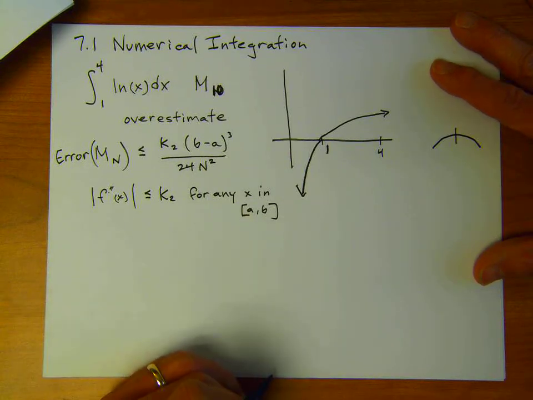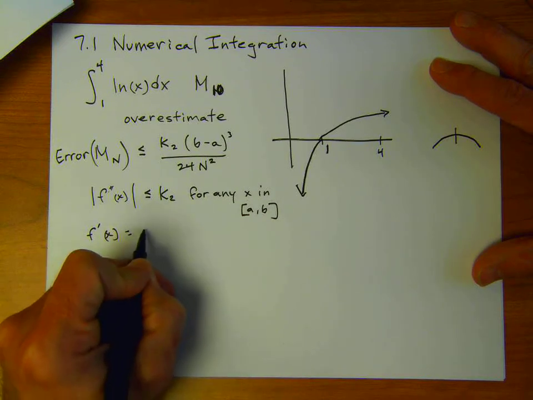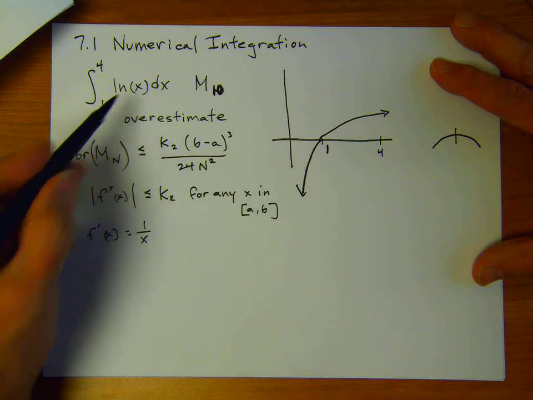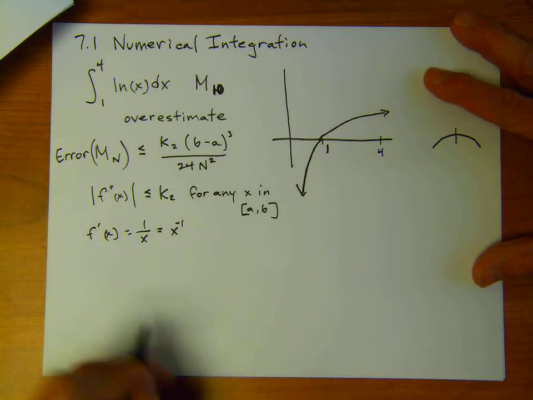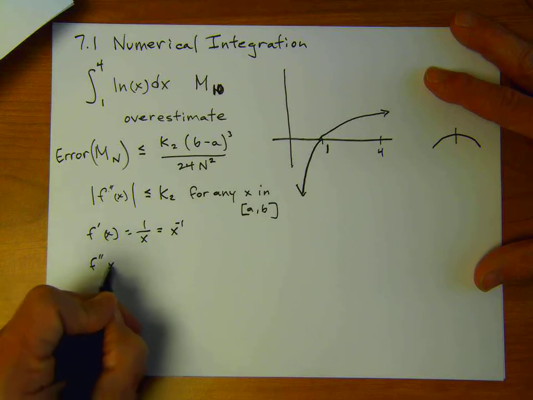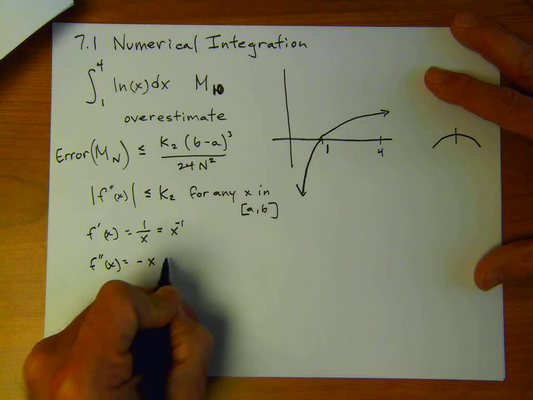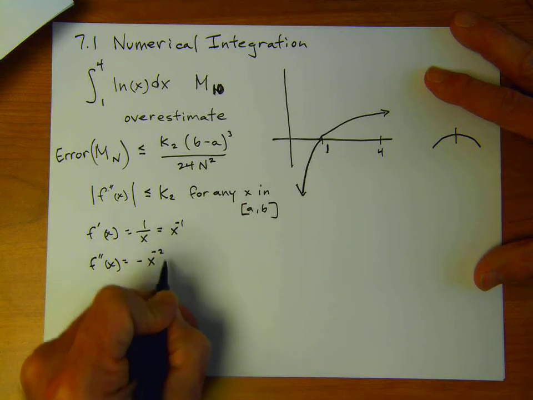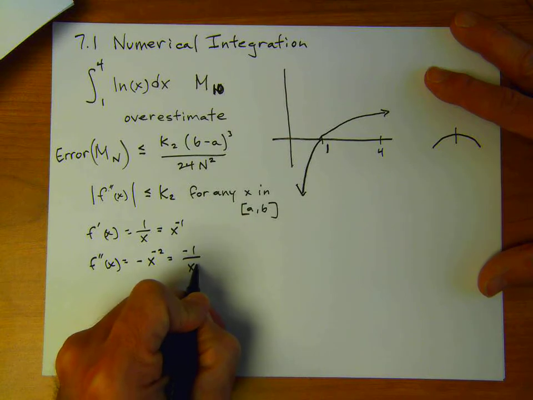Well, since I've already put that down, let's figure out what number we could use for K2. The first derivative is 1 over x. The derivative of natural log is 1 over x, also known as x to the negative 1, which makes it easy to use the power rule to compute the second derivative, which is negative 1 times x to the negative 2, which is the same as negative 1 over x squared.